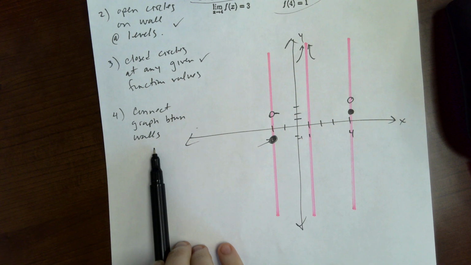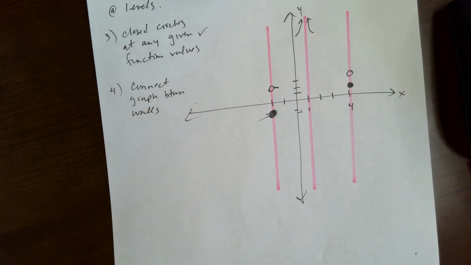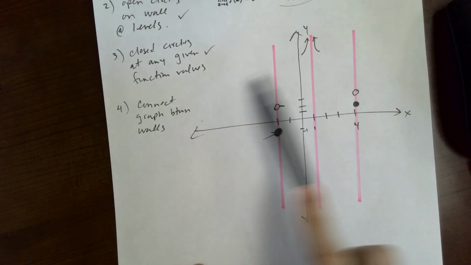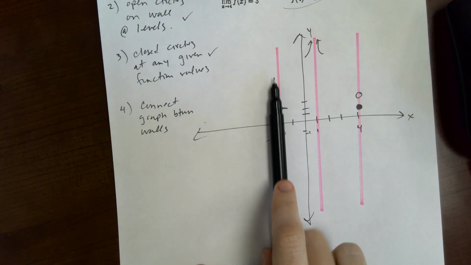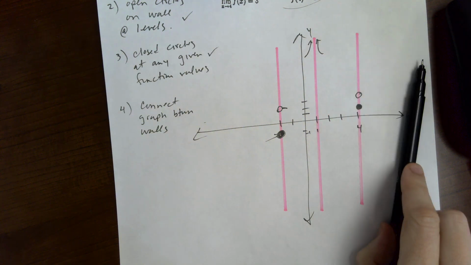Alrighty. Now, the very last step, so we did all of these things, and the very last step is to connect the graph between the walls. So let's look at this as regions. So we got this first region, and then we got this second region, third, fourth.